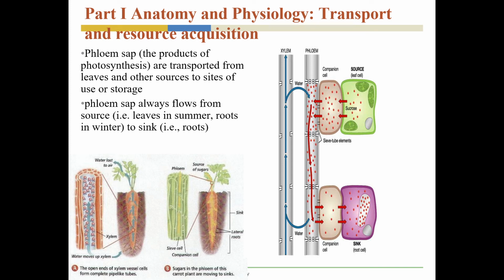But then in the wintertime, those sugars settle and form starch. And when the plant needs to regrow in the spring, phloem sap then flows up the plant as it breaks down starch into glucose molecules to enable the plant to have energy before photosynthesis can take place, in order for it to grow and develop those particular leaves.